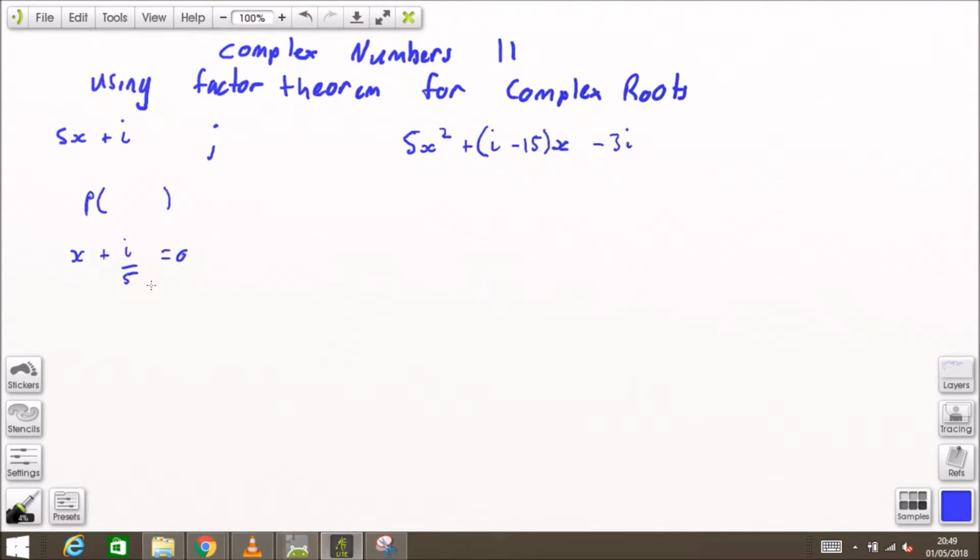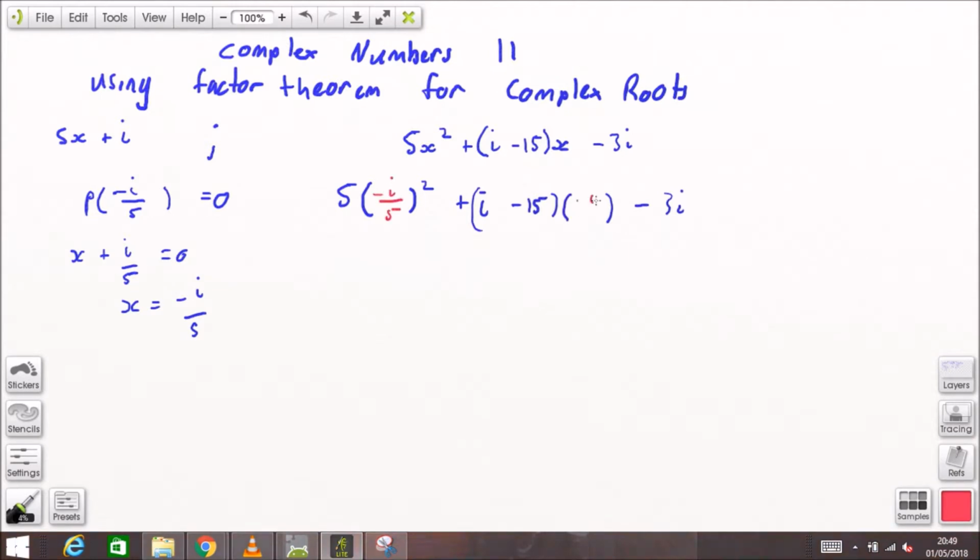If we just rearrange, we can find that x will have to be equal to negative i over 5, so we'll input that as our a value. So here we'll plug in our a value of negative i over 5. Just a bit of algebra, expansion.